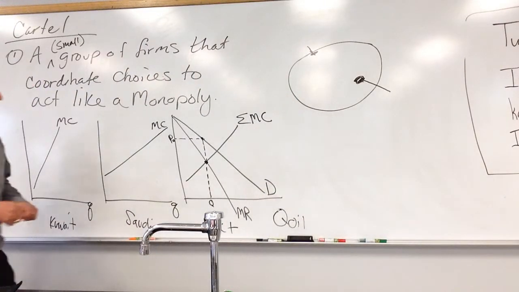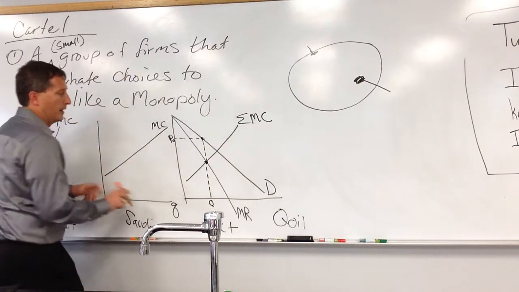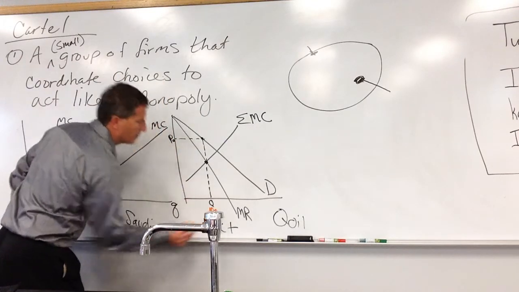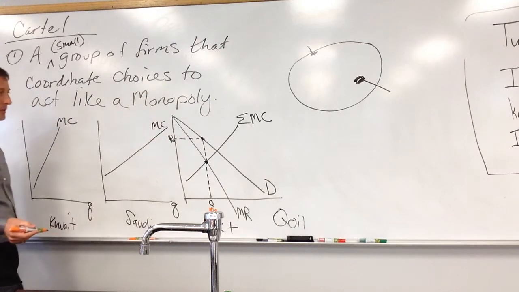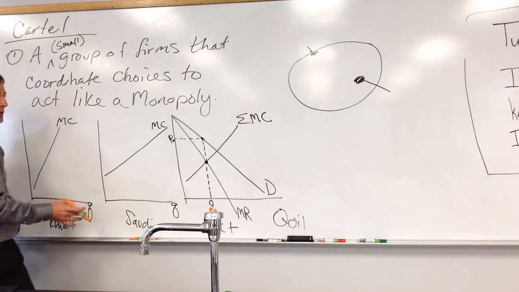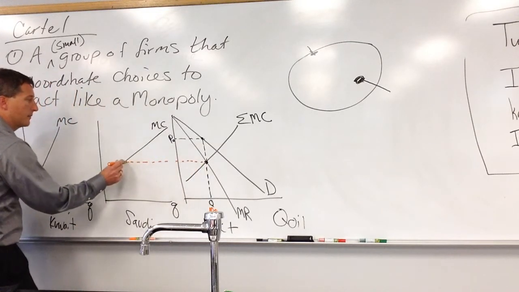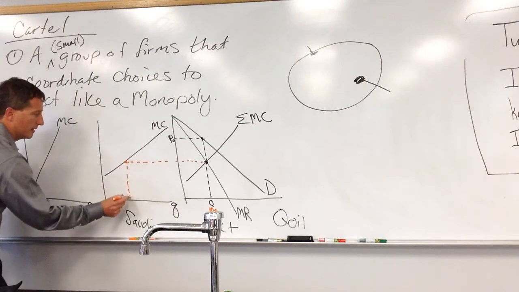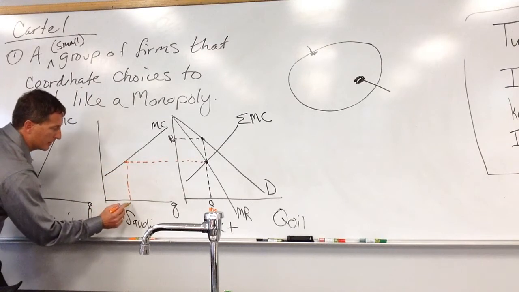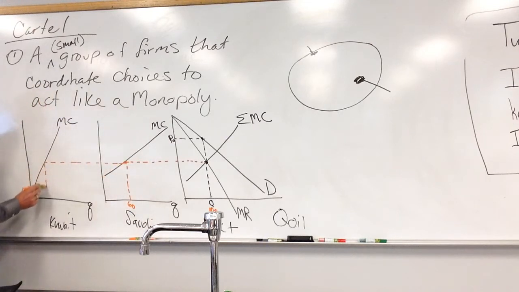So, to do this efficiently in kind of a fair way for the companies, if this ends up being 100 barrels of oil, let's say, just to keep numbers easy, how many is each country going to do? Well, it's going to be according to their marginal cost. And so that means Saudi's going to do 60 barrels of oil, again, just making up some numbers, and Kuwait's going to do 40.